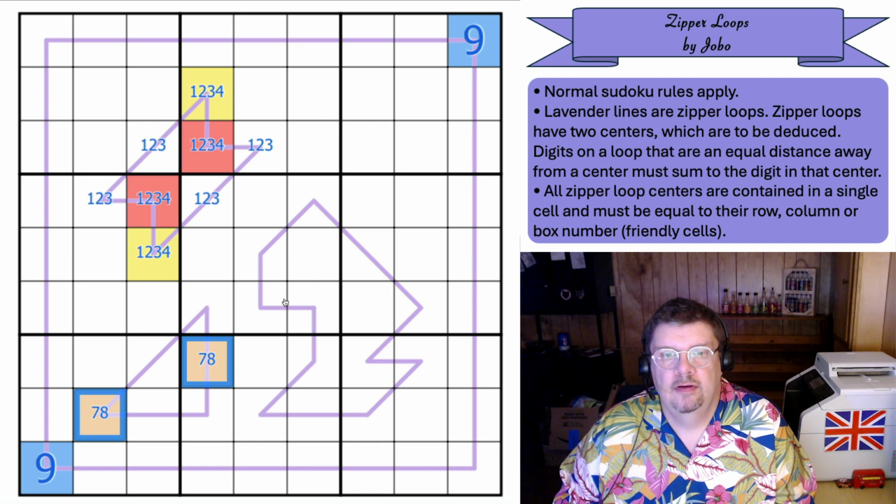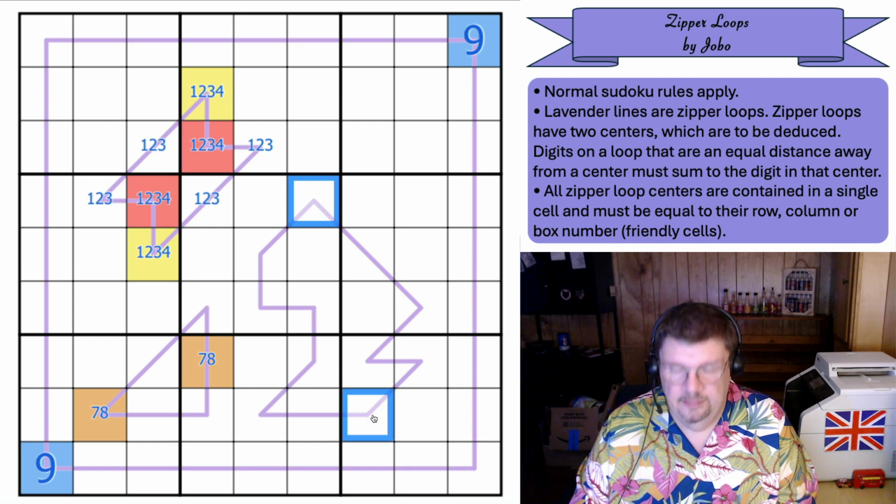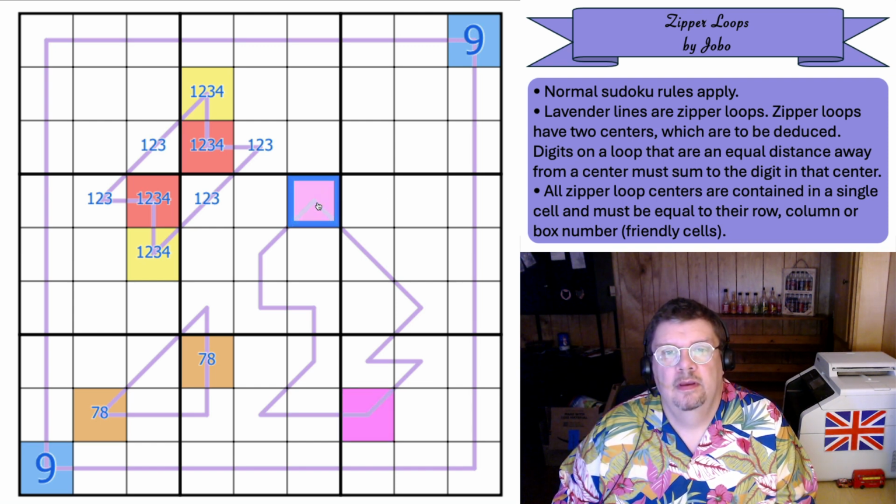Okay, 1, 2, 3, 4, 5, 6, 7, 8, 9, 10, 11, 12. So 1, 2, 3, 4, 5, 6. Here's our candidate. This is 4, 6, 5. This is 7, 8, or 9. Nothing in common.